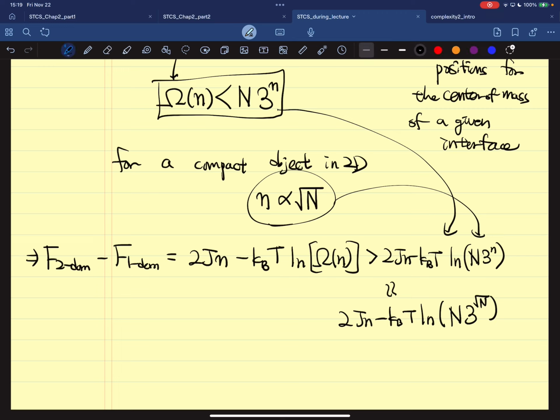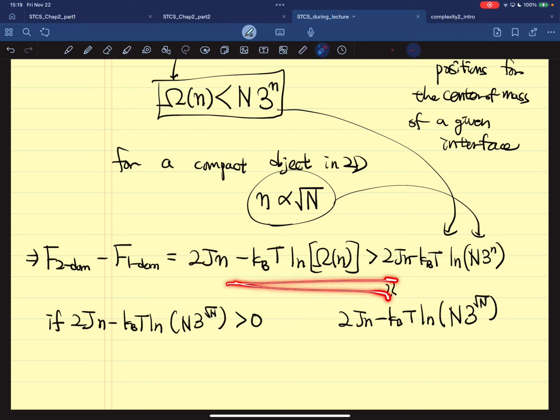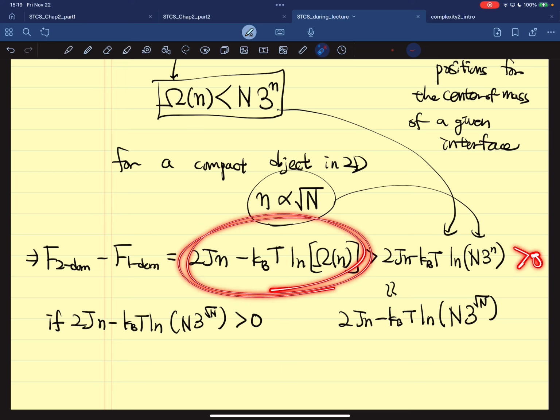So in this case, if this particular quantity is larger than 0, then by this inequality, if this one is larger than 0, this one automatically becomes larger than 0.